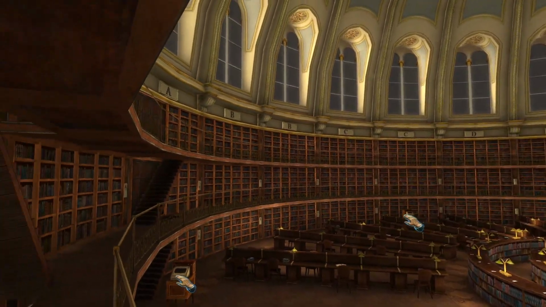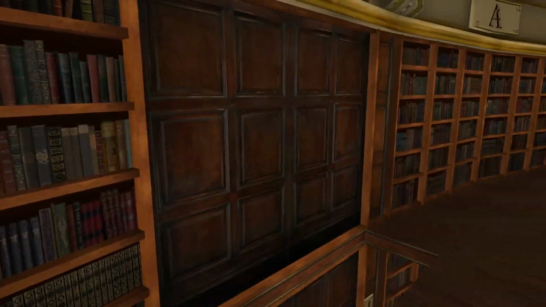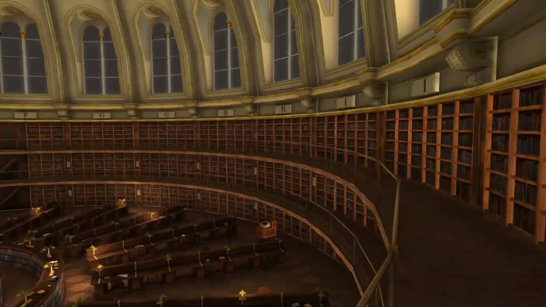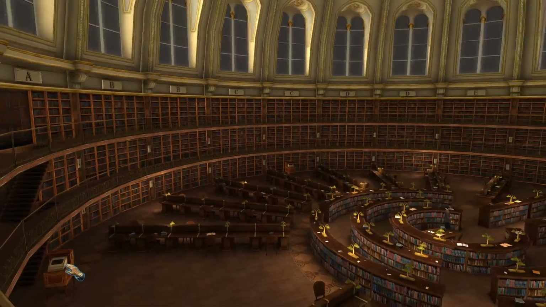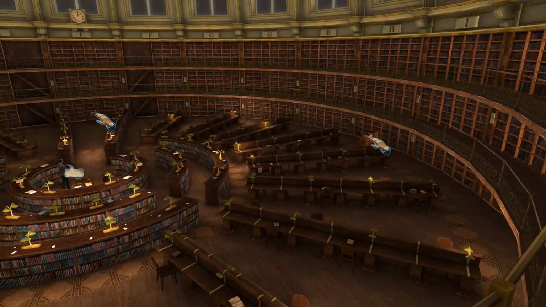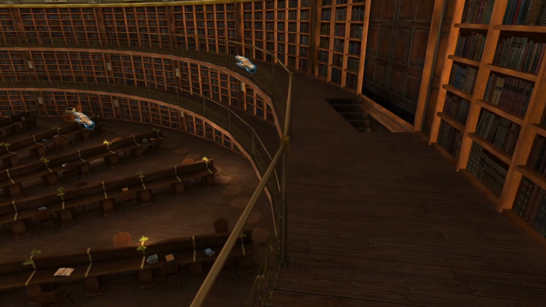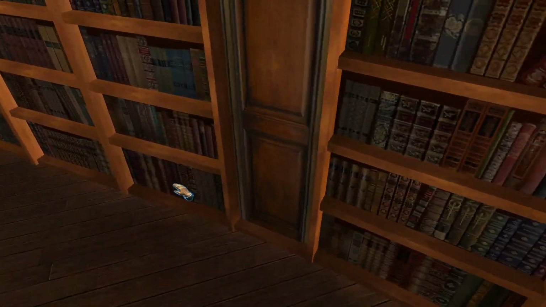Where is it? It's gotta be back up here then. Wait, where is it? Am I losing my mind? Normally that pops up so fast. Oh, no, here it is. Ooh, just didn't quite have the angle.